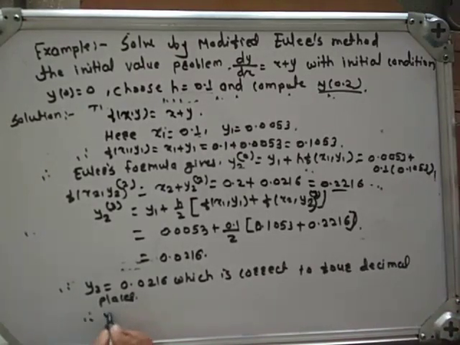Therefore, y of 0.2 is equal to 0.0216. It is the value of y of 0.2. Okay students, we will stop here. In the next video, we will take one more example based on this video. Okay, thank you.